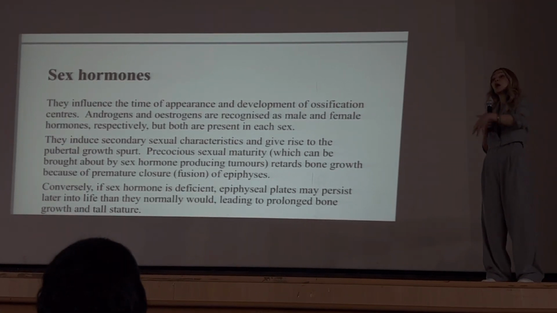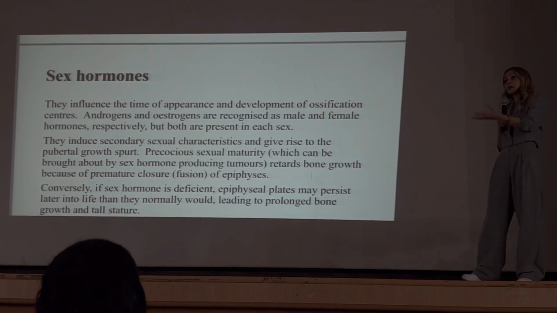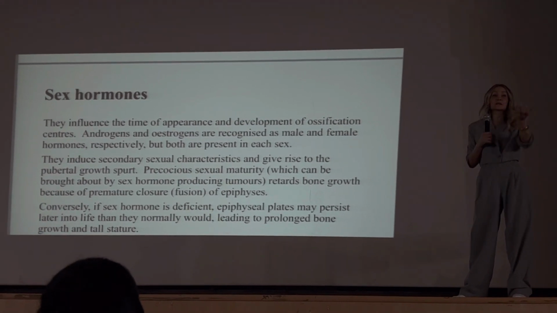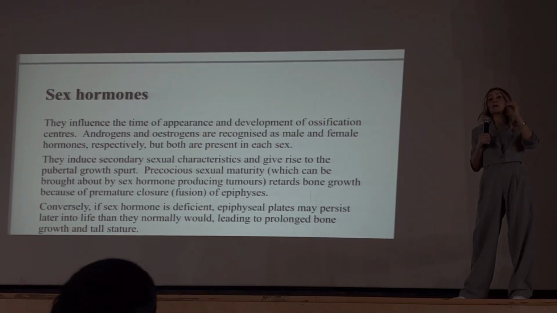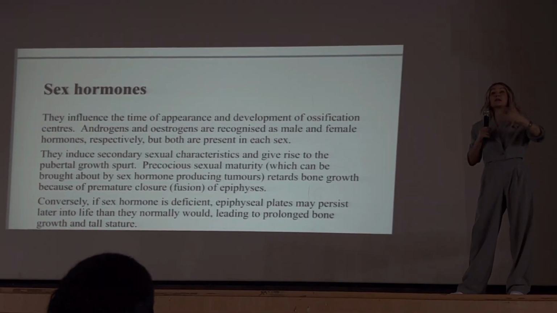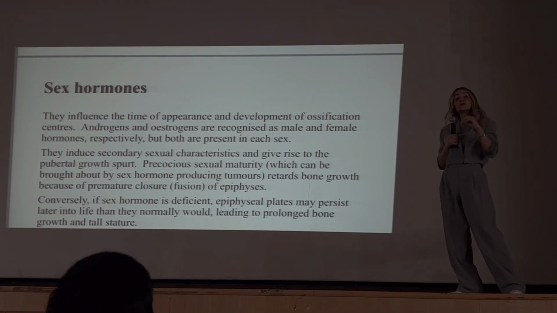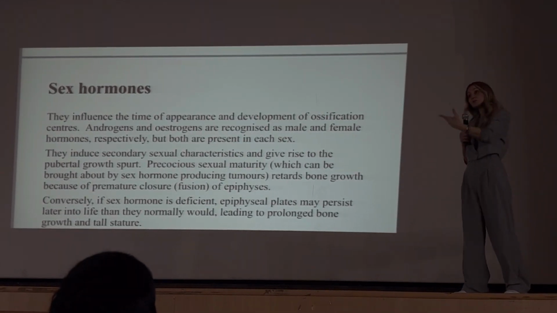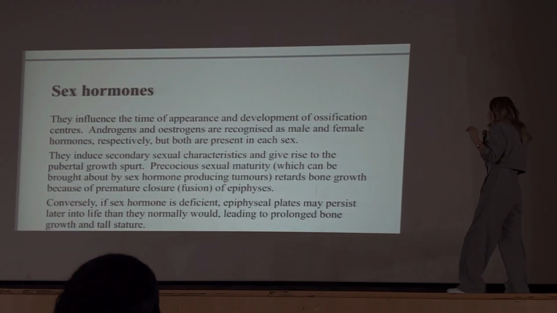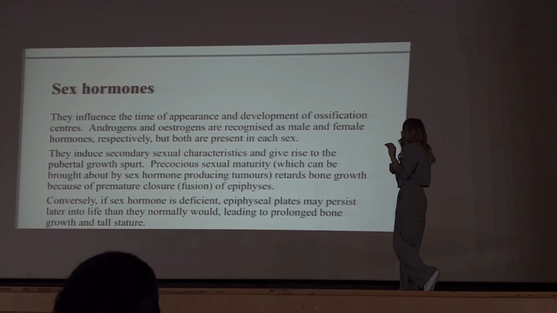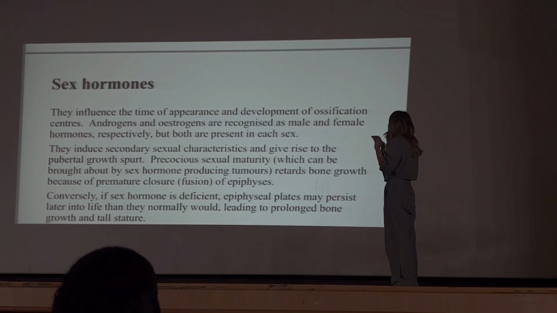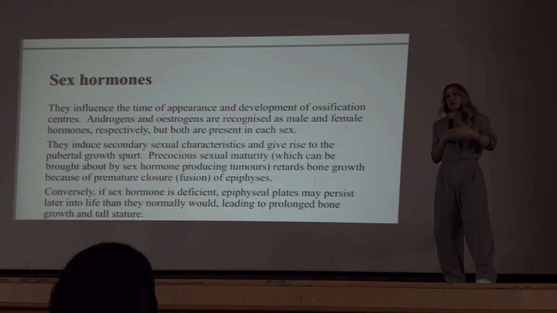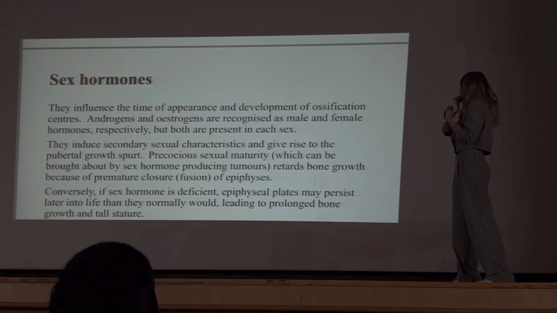Precocious puberty causes breast enlargement and other female secondary characteristics. So precocious sexual maturity retards bone growth through early bone closure. That's why short stature happens.